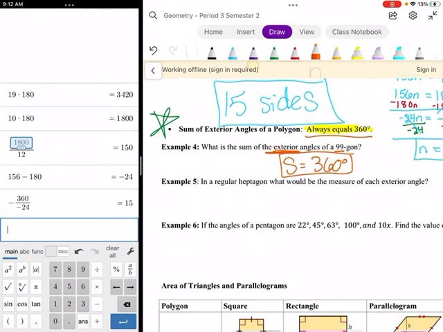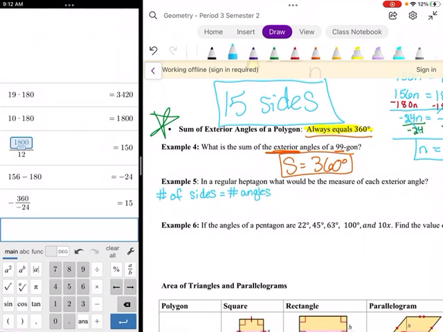So then next, in a regular heptagon, what would be the measure of each exterior angle? So something you're going to need to know for this is the number of sides equals the same amount of angles.